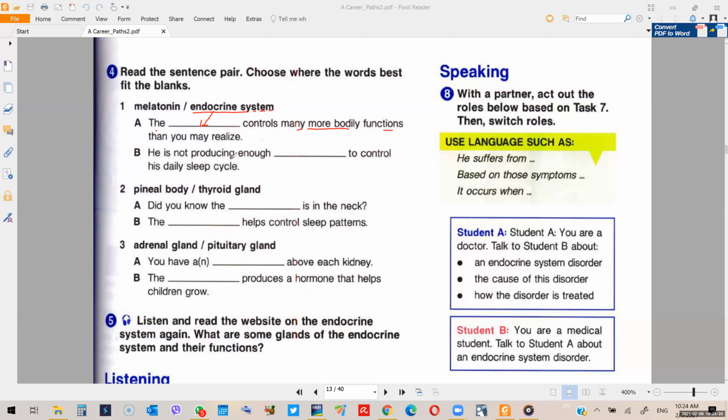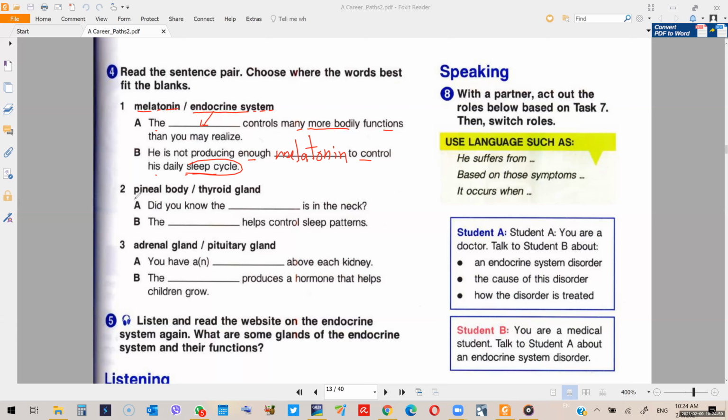Number 2: he is not producing enough to control his daily sleep cycle. So the sleep cycle is controlled by the melatonin. He is not producing enough melatonin to control his daily sleep cycle.